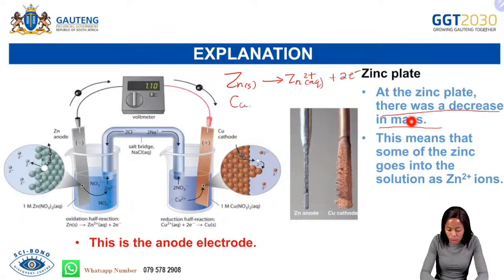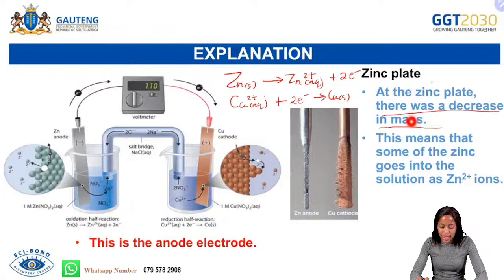And then with the copper, it was Cu2+ aqueous plus 2 electrons to give us what? Cu solid. So at the zinc plate, we are saying that there's going to be what? There's going to be a decrease in the mass, okay?